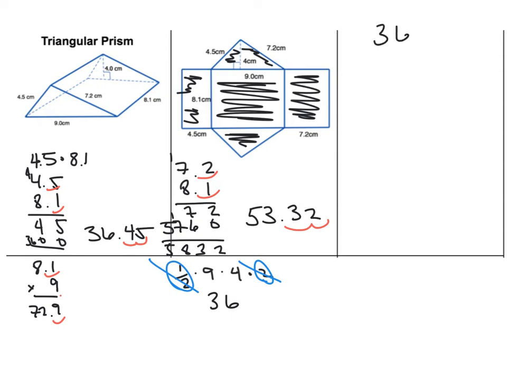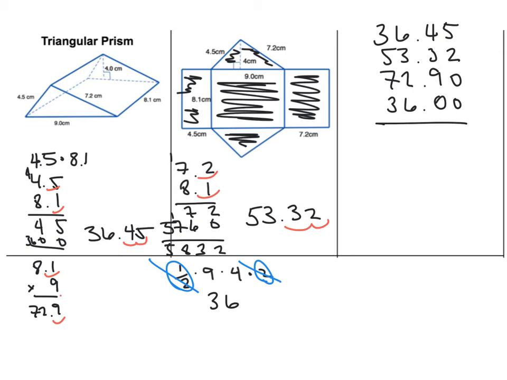I have 36.45. I have 53.32. I have 72.9, and remember, I'm going to make sure that my decimal points line up when I'm adding decimals. And I have 36.00.